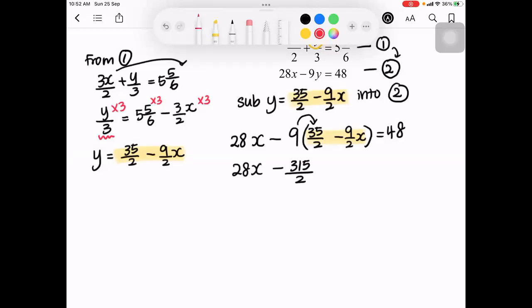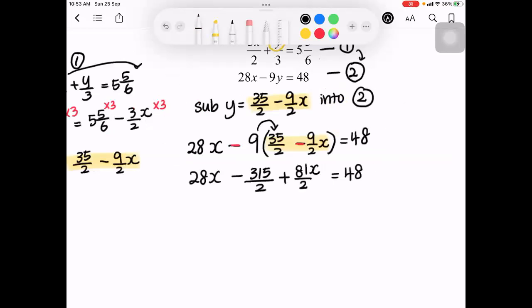Negative times negative, negative 9 times negative 9 over 2. I get a positive 81 over 2 with the x equals 48.